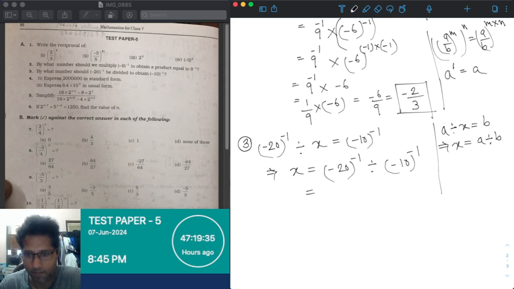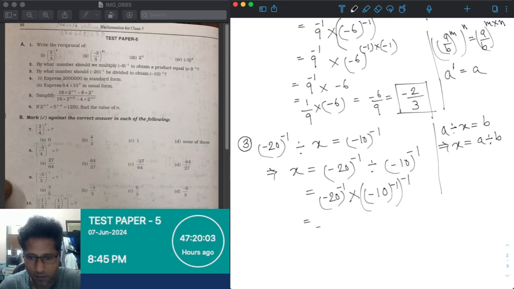So this is minus 20 to the power minus 1 and division by an exponential is nothing but multiplying with the reciprocal of the divisor. The reciprocal is minus 10, so we have to take its reciprocal again.